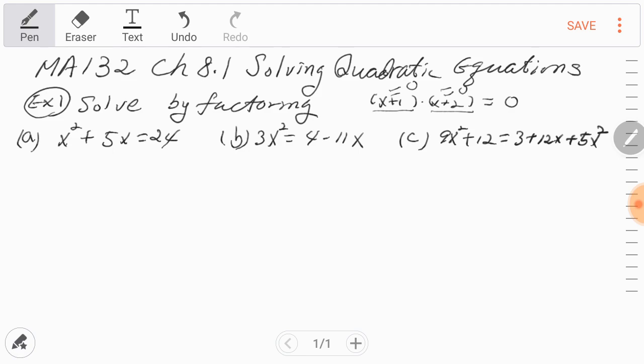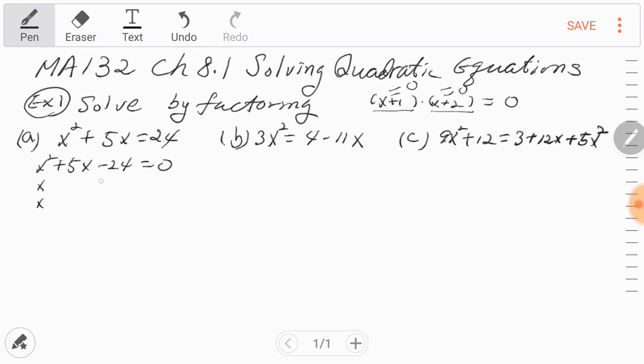factoring this equation. Move 24 to the left, then x squared plus 5x minus 24 is equal to 0. Let's factor this trinomial. x times x, 24 is 4 times 6, which is not working.